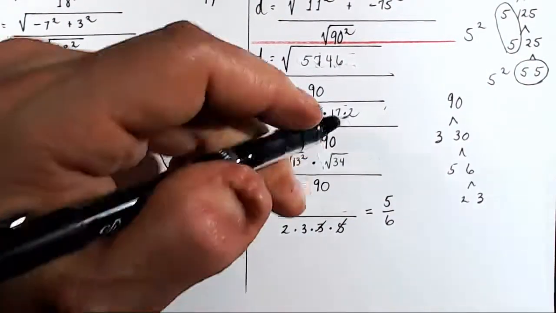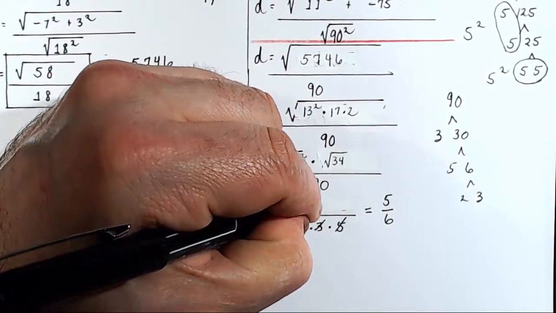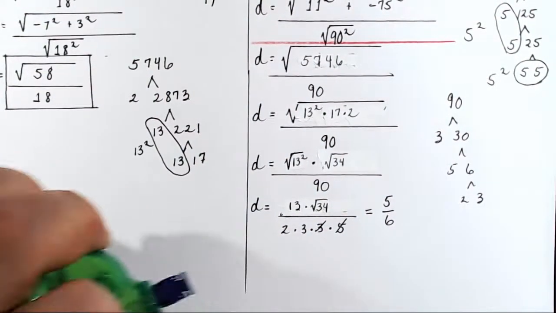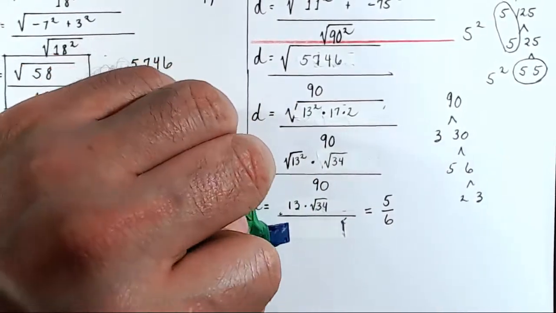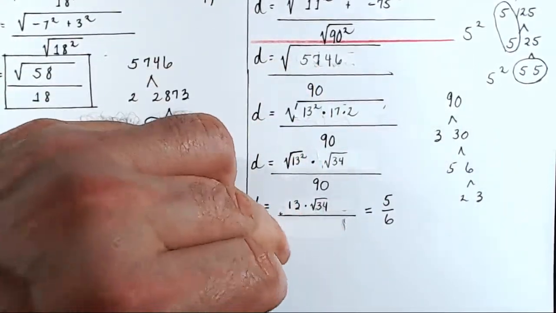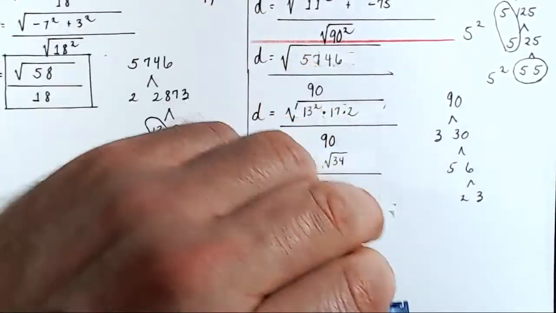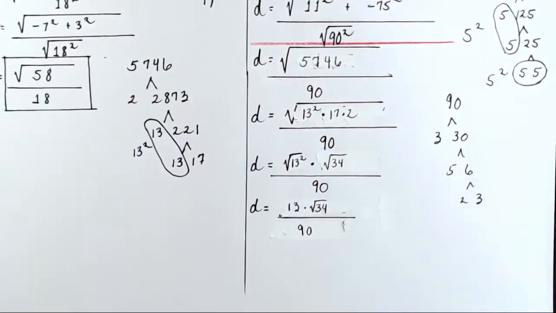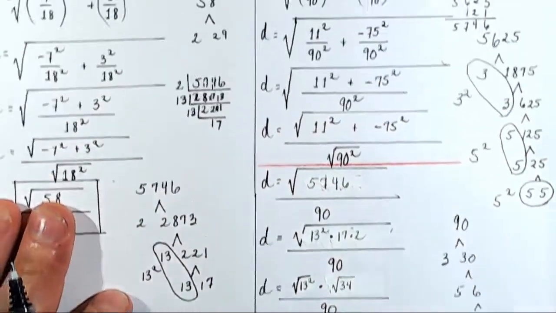Square root of 13 squared is just 13 times the square root of 34 all over 90. It's not going to be reducible. Okay, so now it's 13 square root 34 over 90.